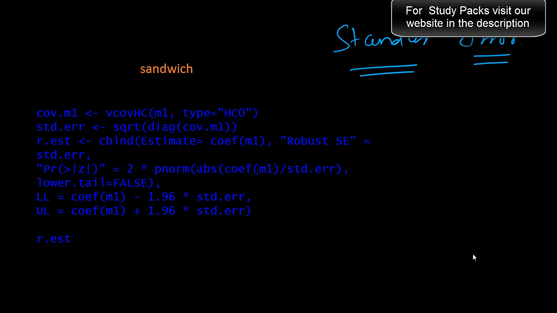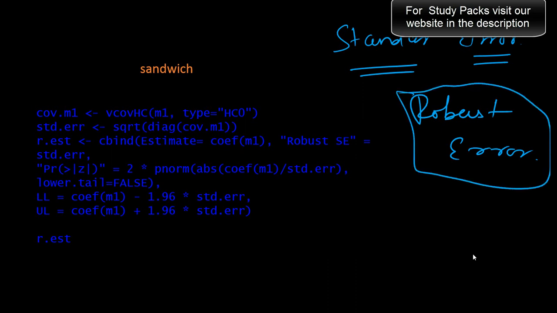Hence, you have to find what is known as the robust standard error. The normal standard error from a normal distribution and multiple linear regression will not be very suitable here. So we'll find what is known as a robust standard error.